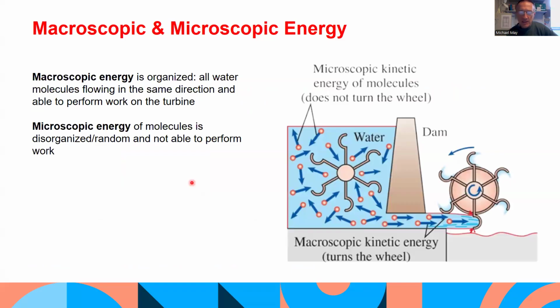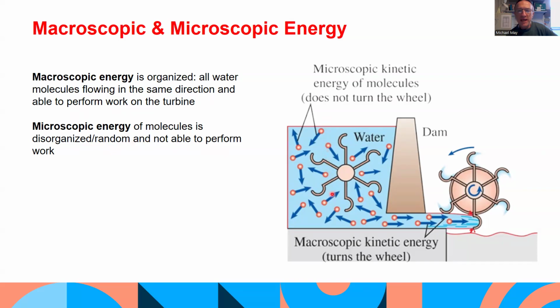In the book, this illustration is used to describe the difference between macroscopic and microscopic energy when it comes to producing work. So macroscopic energy is organized, all the water molecules flowing in the same direction and able to perform work in the turbine. Microscopic energy of molecules is disorganized, random, and not able to perform work.